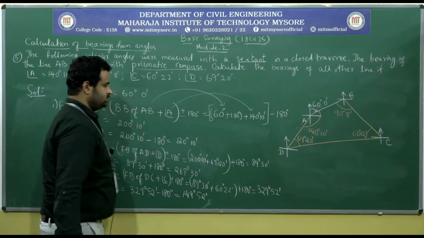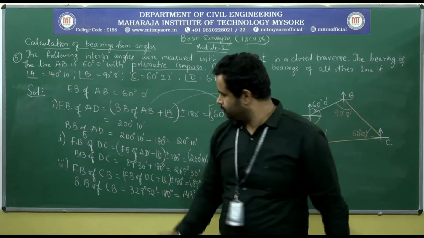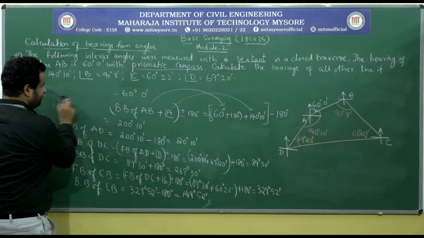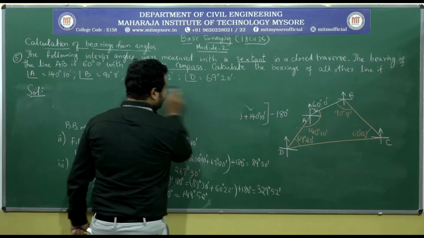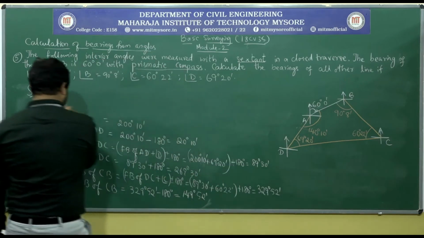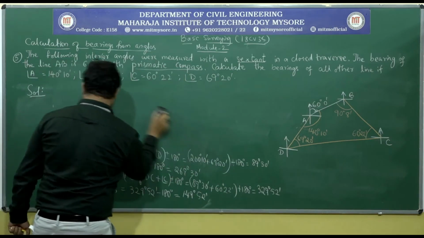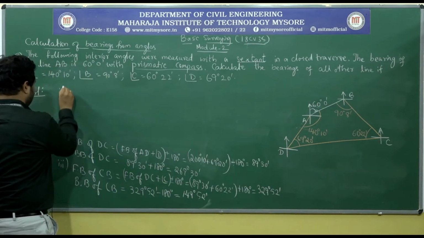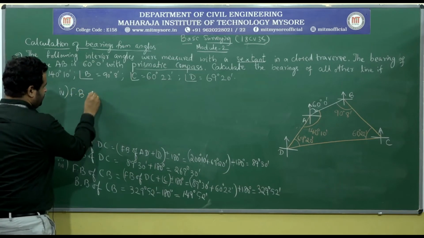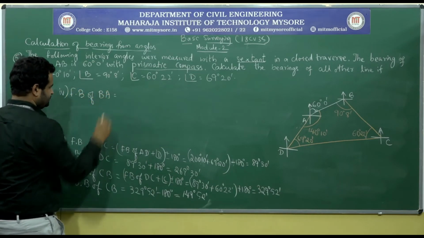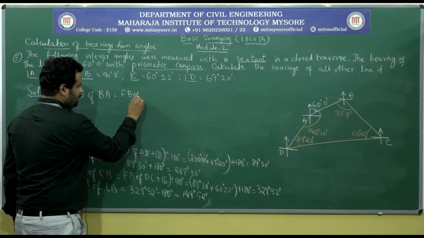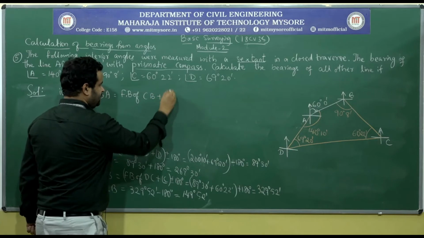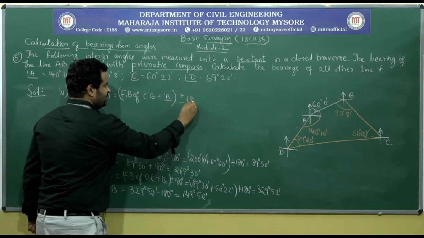Okay, so at last we have the last bearing, that is the fourth one. Forebearing of BA is given by forebearing of the line CB plus angle B plus or minus 180 degree.